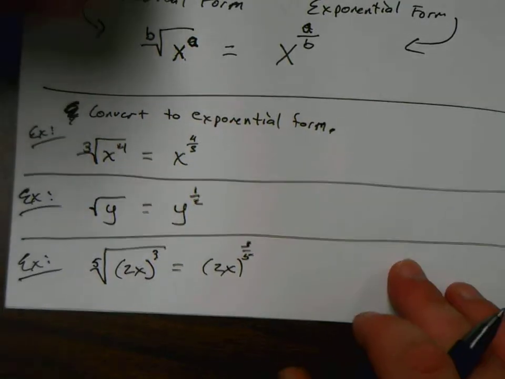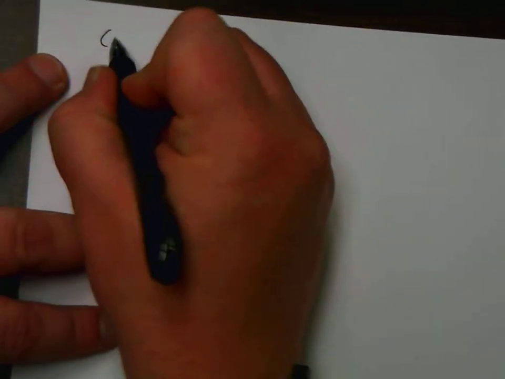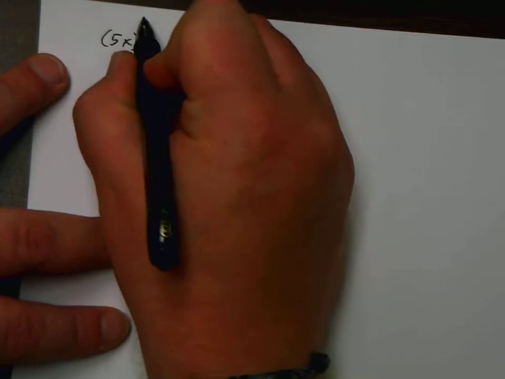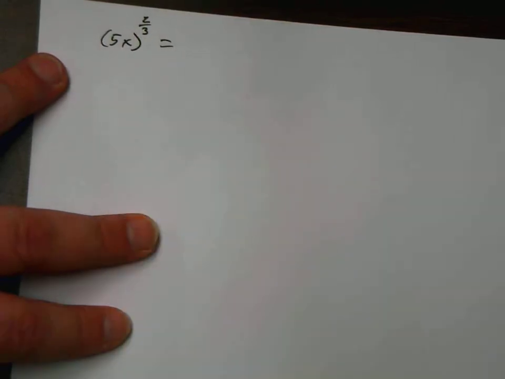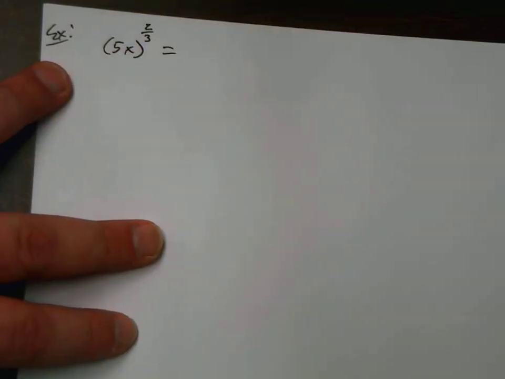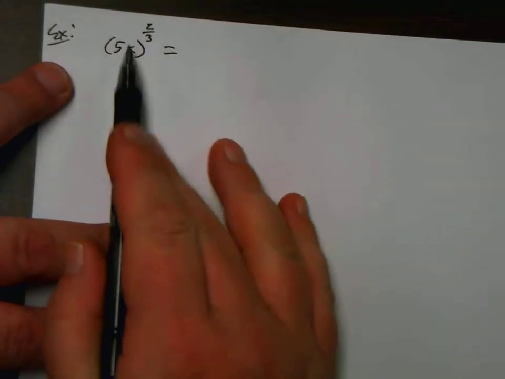Now, what about going the other way around? Well, that's a really good question. So, what happens if I have something like 5x raised to the 2/3 power? I want to be able to convert that, so then you'll get the other direction. Say convert to radical form. All right, so what is my index?